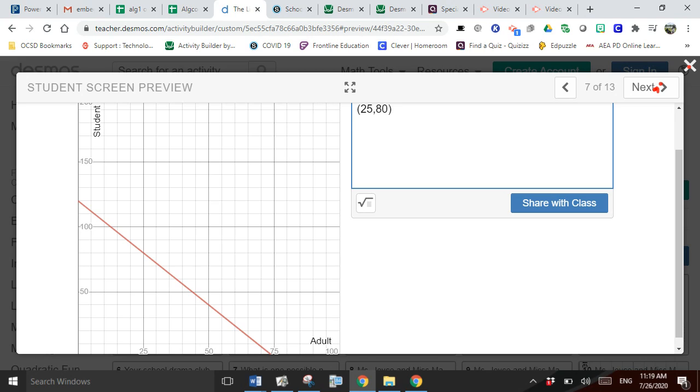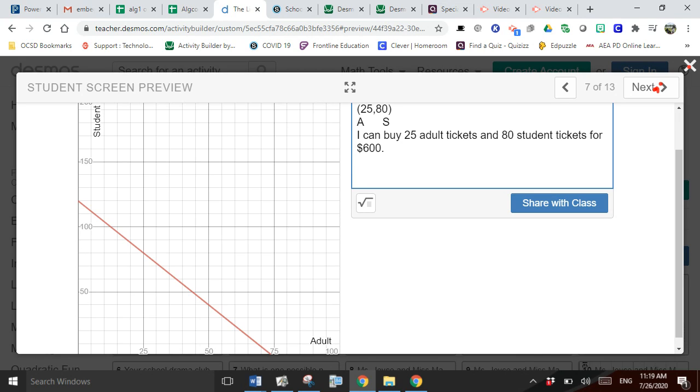Remember, this is the adult and this is the student. So I can buy 25 adult tickets and 80 student tickets for, how much was I spending? $600, and that won't change.